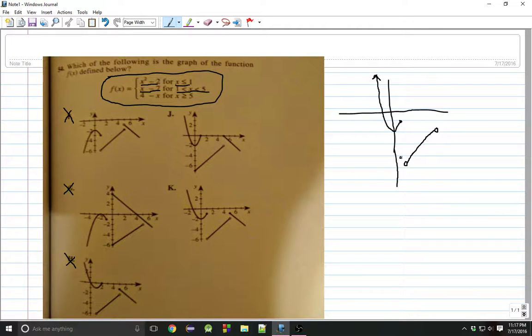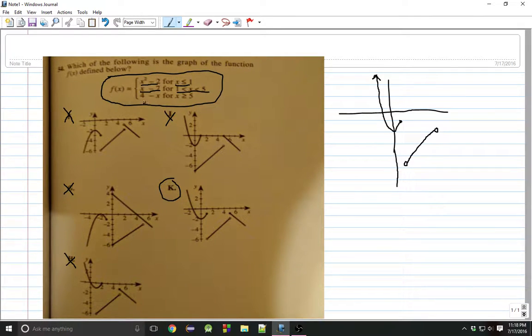As you can see, we're starting to get a graph here. And one of the things you could tell is you can actually find our answer automatically, because at x equals 1, you can see that this graph and this graph line up. So the answer can't be J, because this graph doesn't line up with this graph. So our final answer is K, because our graph here lines up with our line here.